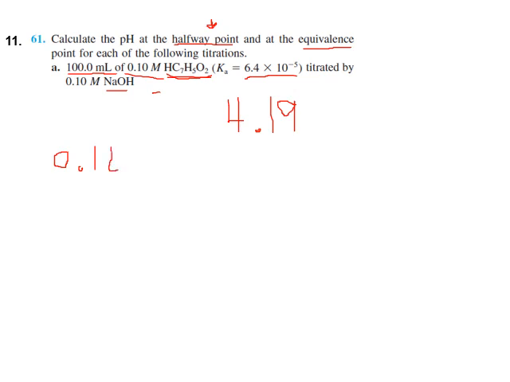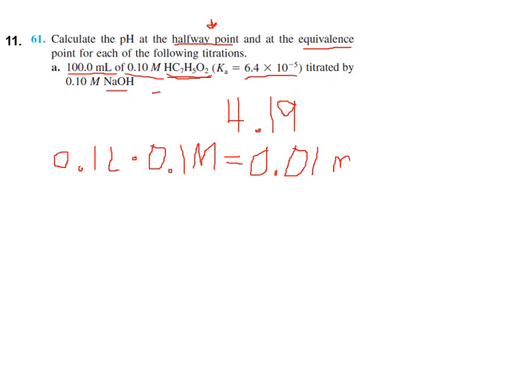So we had 0.1 liters, and I'm going to multiply this times 0.1 moles per liter, which means that we had 0.01 moles. Which means that when we get to the equivalence point, we have added 0.01 moles of the NaOH.